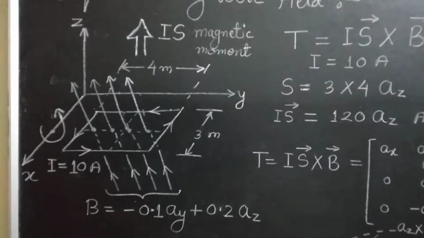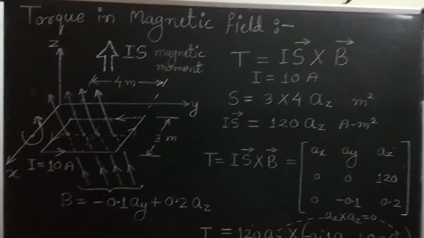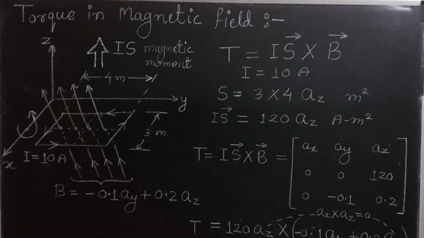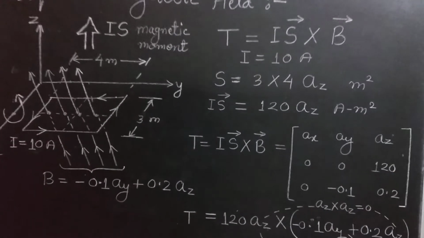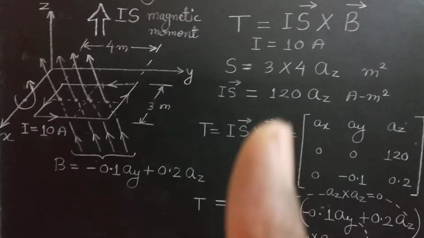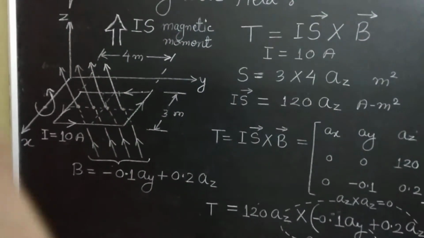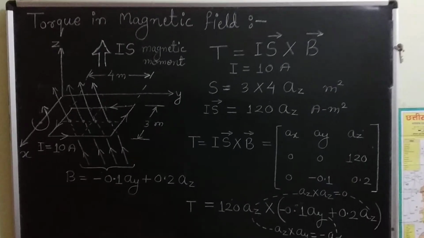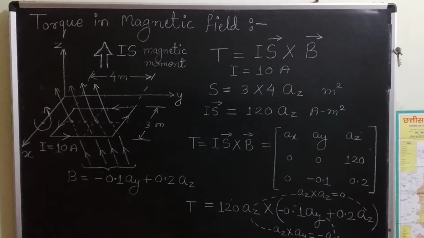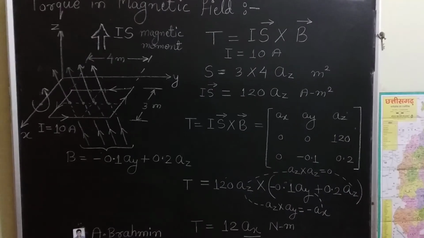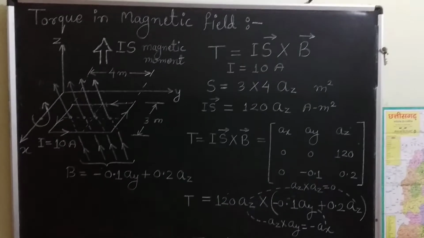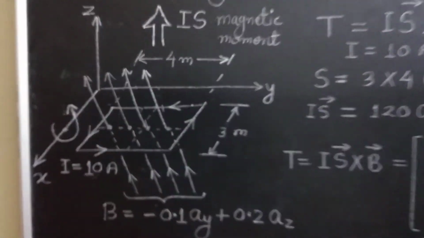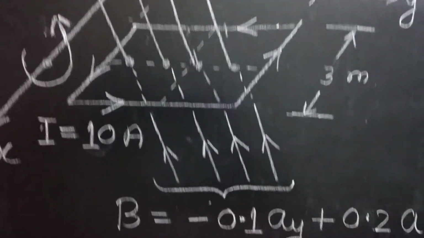Thus, the torque in the x direction means the loop will try to rotate from y to z, in such a direction that the magnetic field generated by the current carrying loop will try to align with the existing magnetic field B.